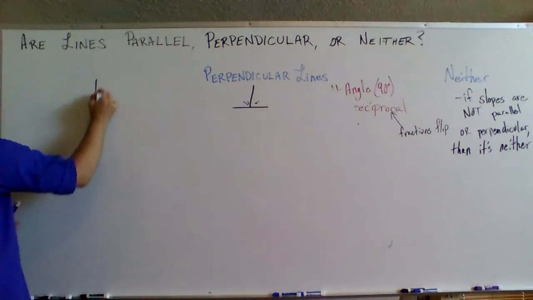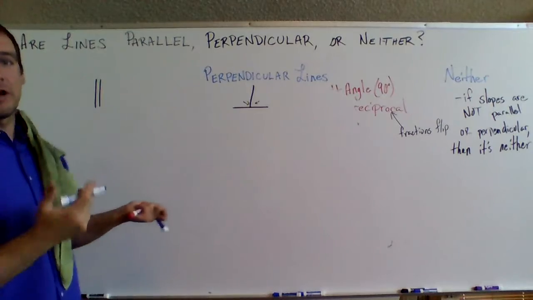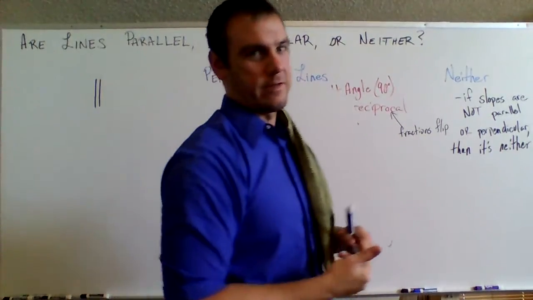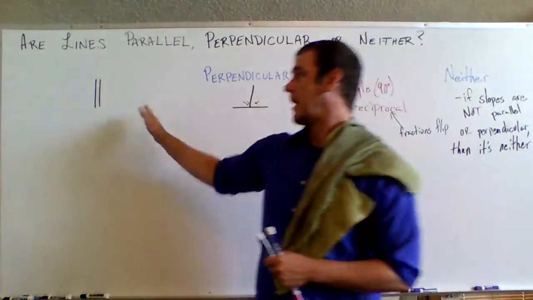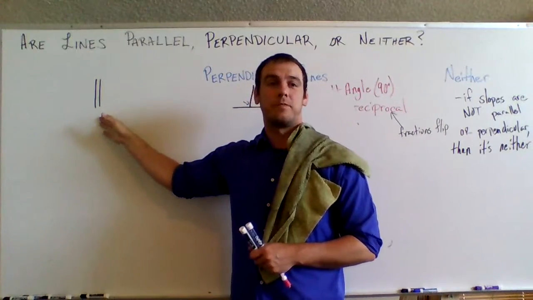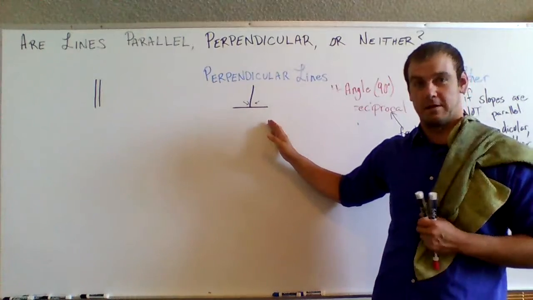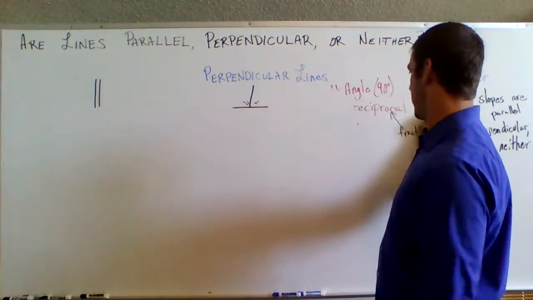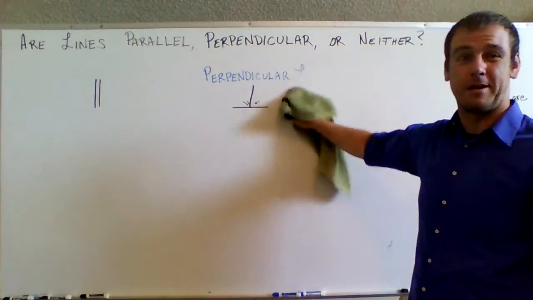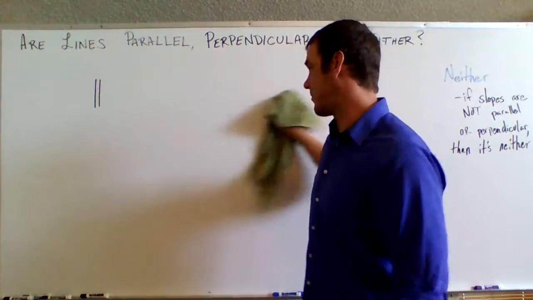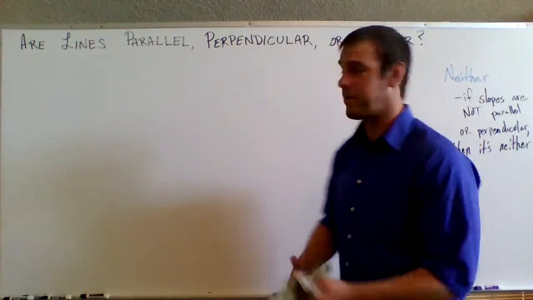Parallel is going to look like just two lines straight up and down. Sometimes I think it looks like the number 11, but that really just means parallel. These would be parallel lines that never intersect. This represents perpendicular. Books and stuff don't like to write out big words either. They'd much rather just use symbols.